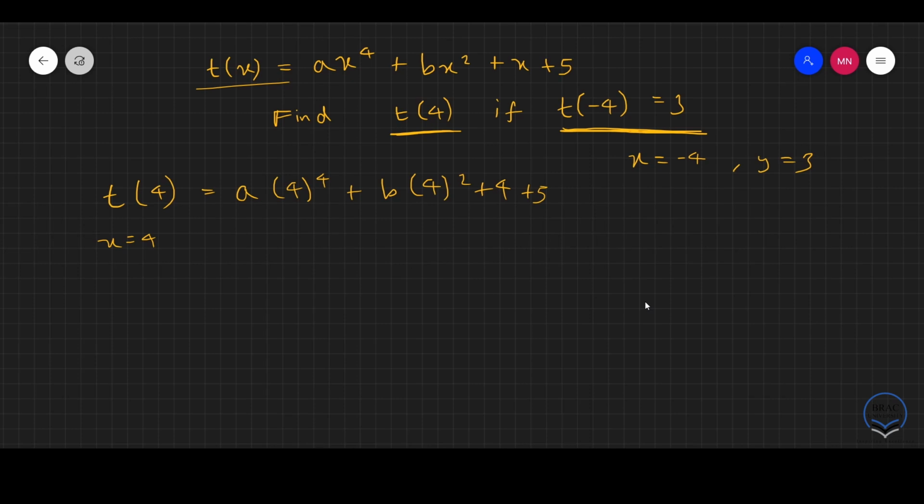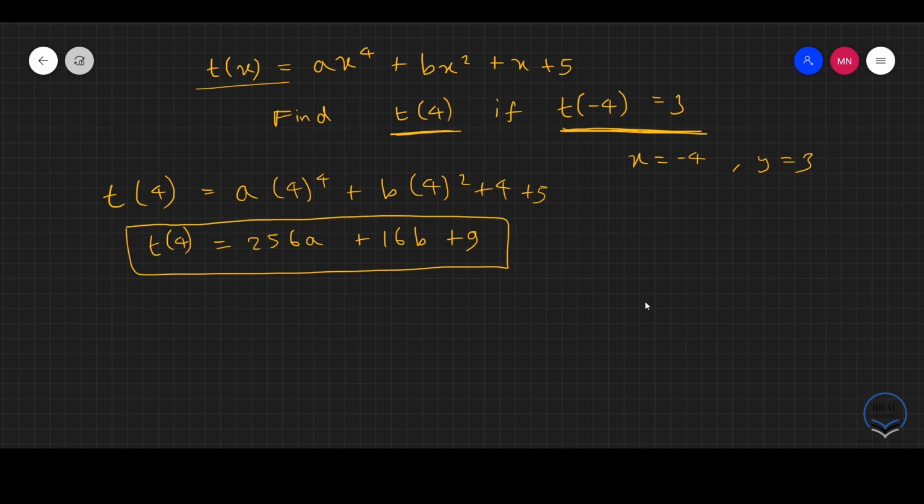Now 4 to the power of 4 is 256. So we have 256a plus 4 squared times b, which is 16b, plus 4 plus 5, which is 9. So when x is equal to 4, t of 4 is equal to this expression on the right.